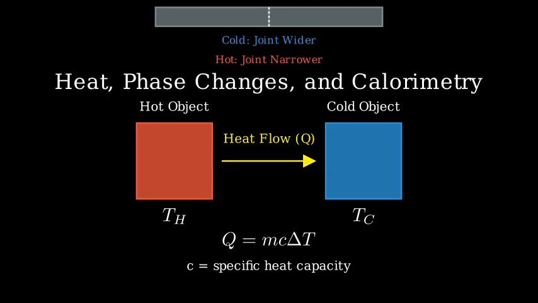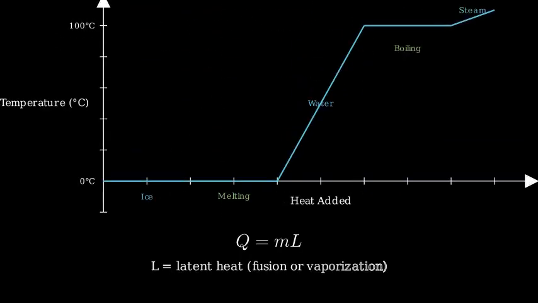The specific heat tells us how much heat is needed to change the temperature of 1 kilogram of a substance by 1 degree Celsius. When a material changes phase, like from solid to liquid or liquid to gas, its temperature remains constant while it absorbs or releases heat. The heat required for a phase change is Q equals m times L, where L is the latent heat of fusion for melting/freezing or vaporization for boiling/condensing.